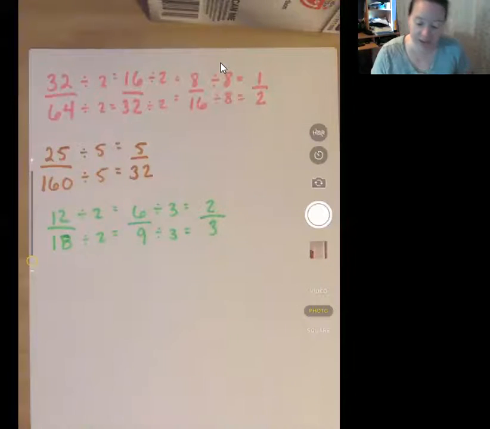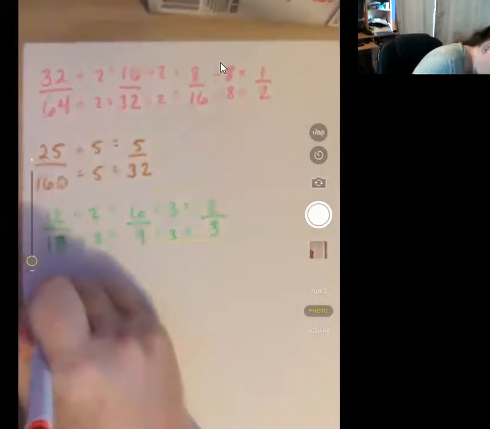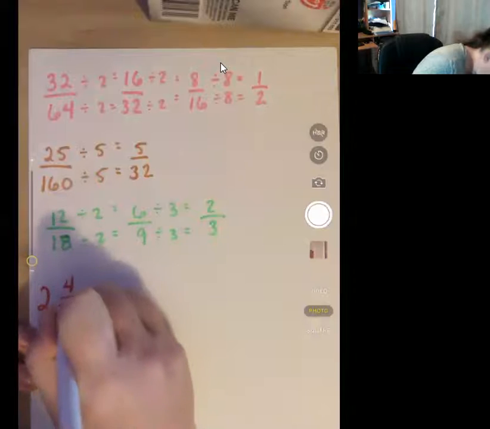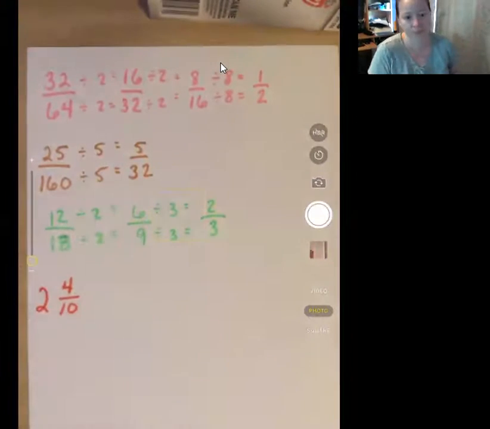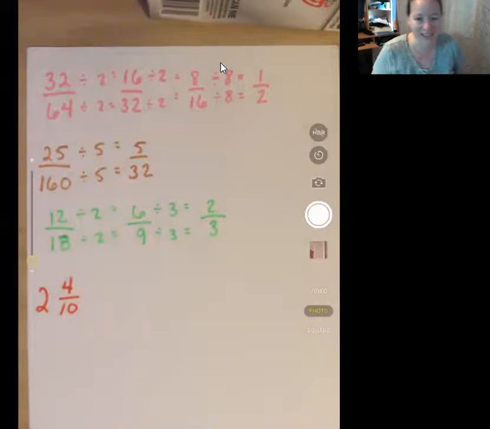Now, in the instance in which you have this situation going on, 2 and 4/10, so you have a mixed number, not an improper fraction, but a mixed number. You still treat the fraction exactly the same.